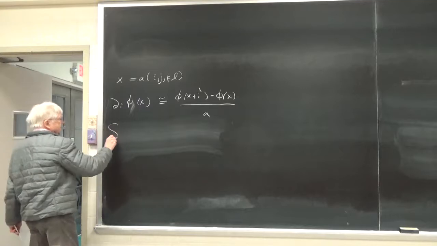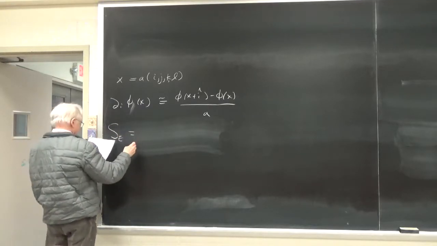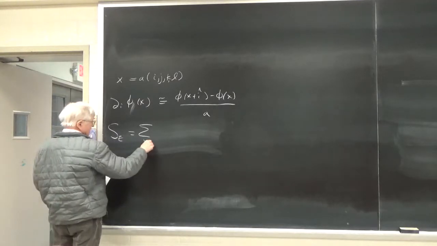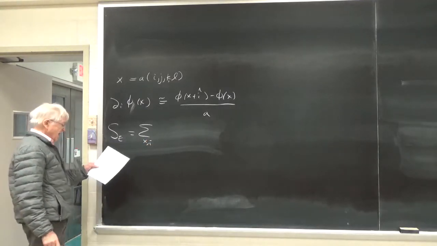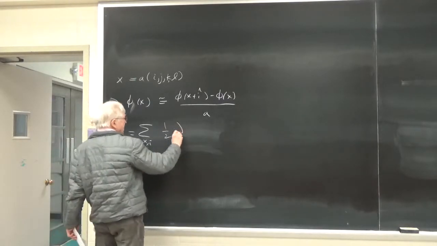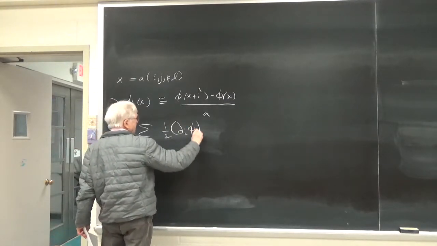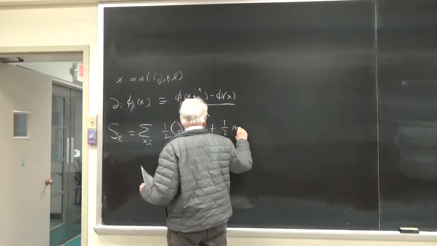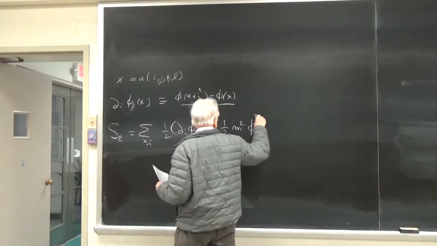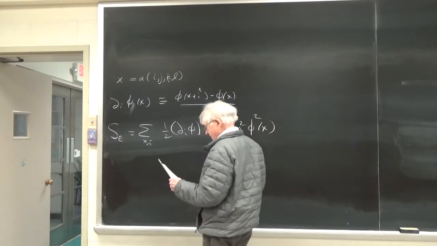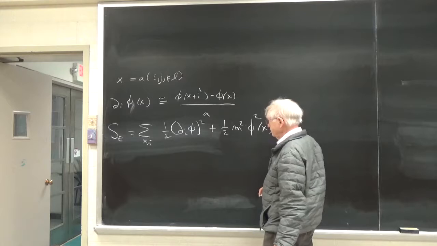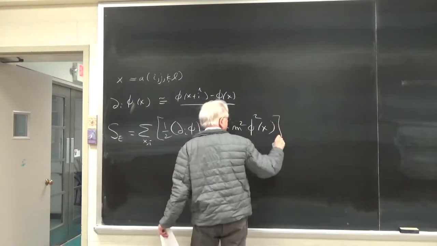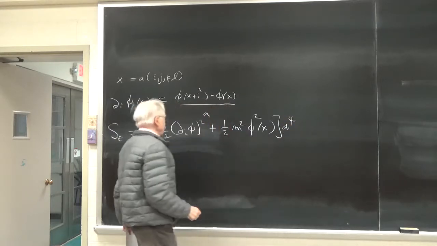And so now the Euclidean action would be a sum over all lattice sites and over all four directions i of 1/2 (d_i phi) squared. If it's a free theory, it's just plus m squared phi squared of x. And one would multiply this whole thing times a to the 4th.